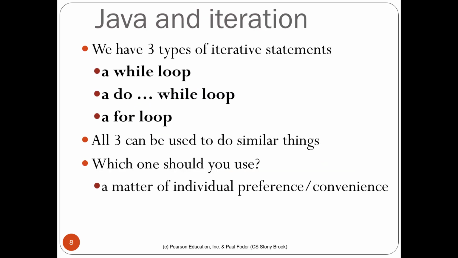Alright, so here we are looking at the different iterative statements or constructs available to us in Java. Java provides three such statements: a while loop, which I've been using till now, a do while loop, which is slightly different from a while loop, and then a for loop.